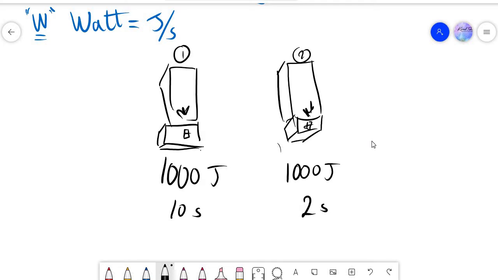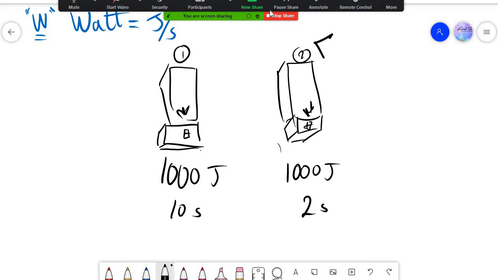Which one has more power? One or two? Very good answer, guys. The second one, of course, will have more power than the other one.